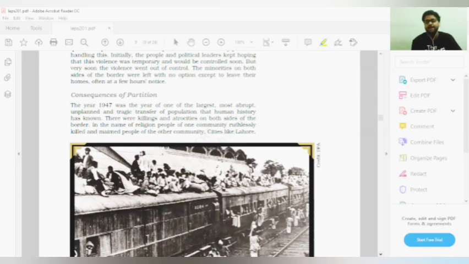Our grandparents faced this same problem. They had to decide whether to live in the same place where they had been living for thousands of years, or move to a new nation. Many people, many celebrities moved to a new nation. Khan Abdul Ghaffar Khan remained in Pakistan.